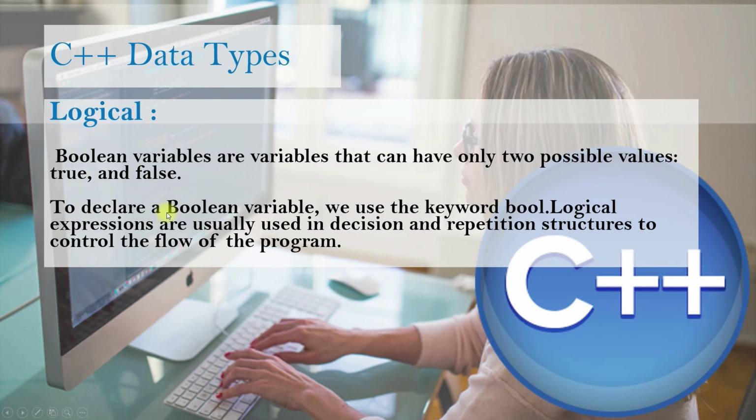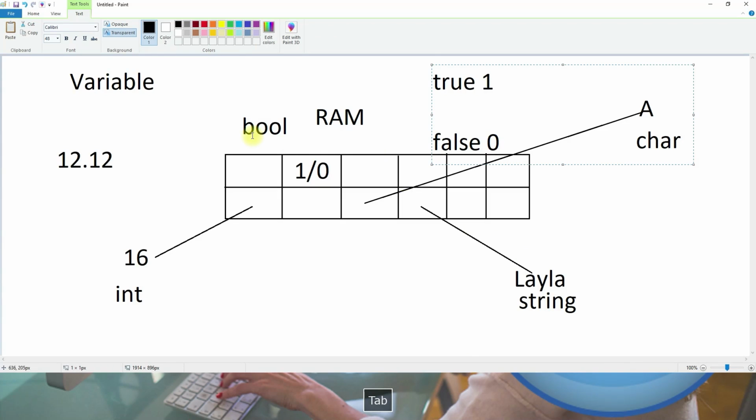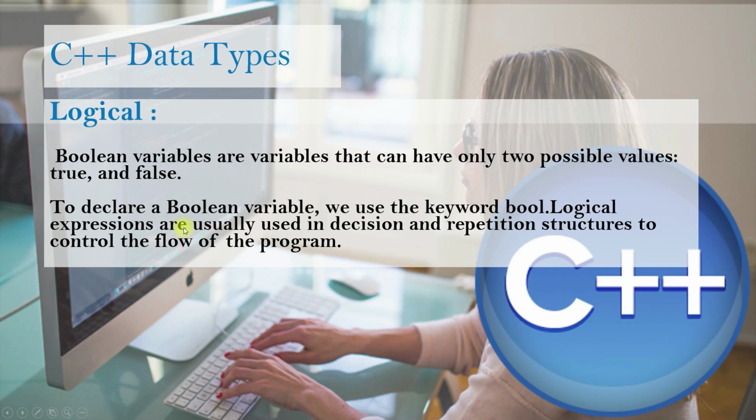To declare a Boolean variable, we use the keyword bool, as I used in here. And logical expressions are usually used in decision and repetition structures to control the flow of the program.